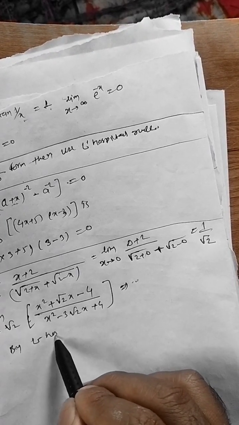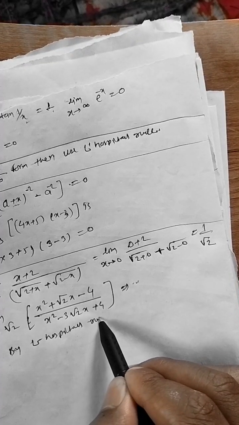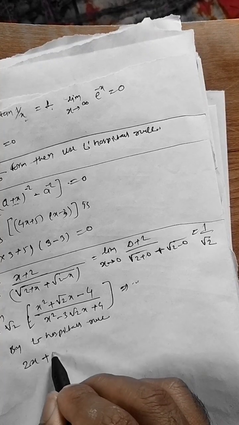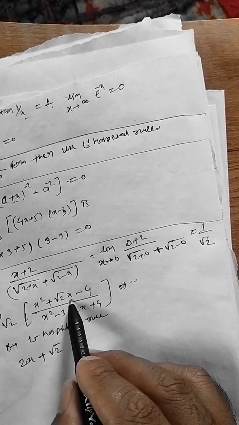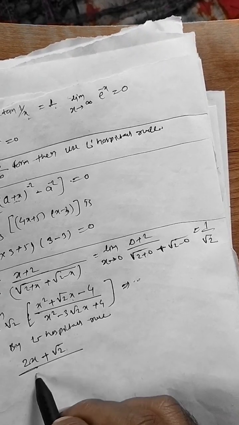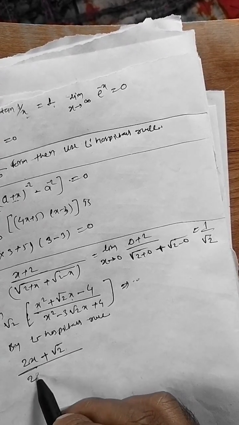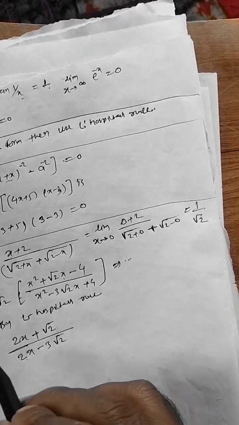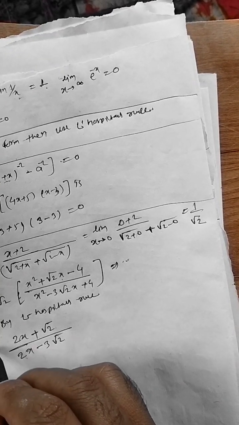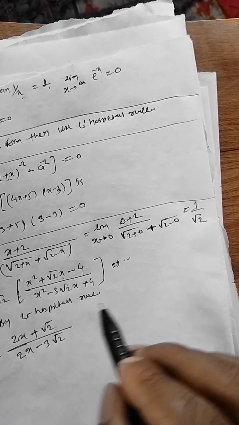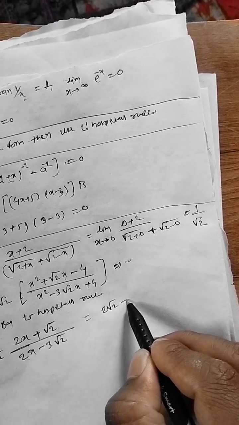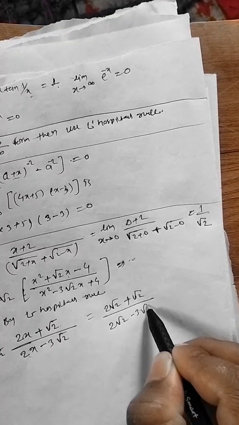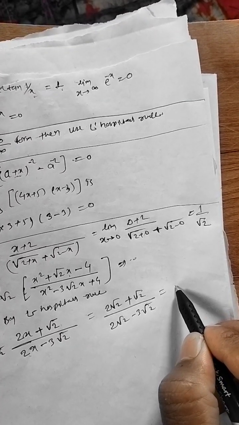By L'Hospital's rule, x square derivative is 2x, plus root 2 as it is, x derivative is 1. Denominator is 2x minus 3 root 2. So put the value x tends to root 2: 2 root 2 plus root 2 upon 2 root 2 minus 3 root 2, which is equal to minus 3.